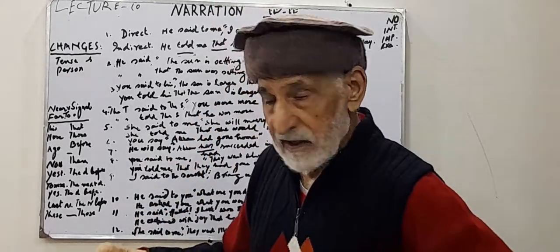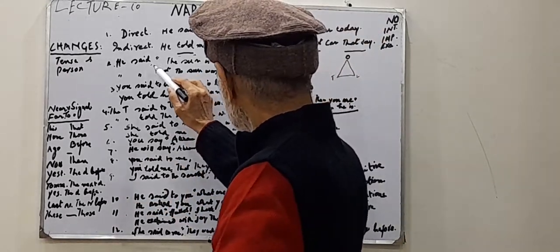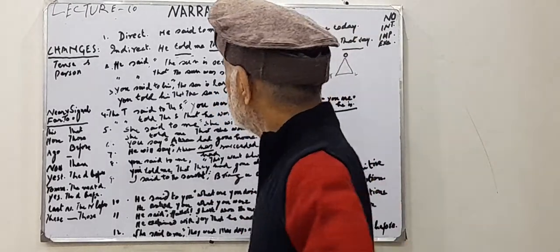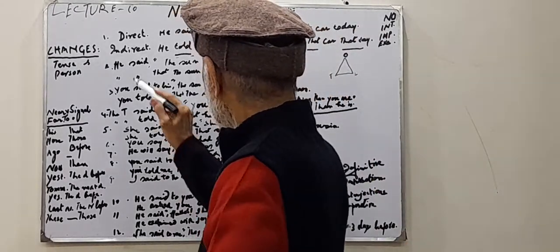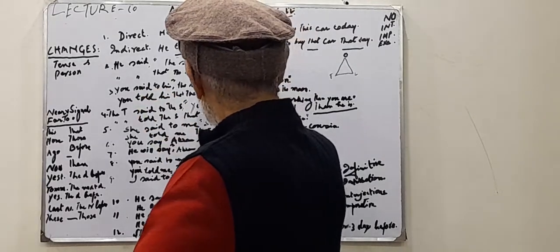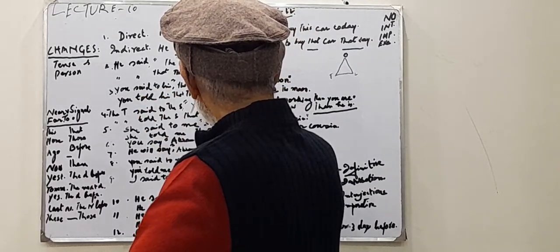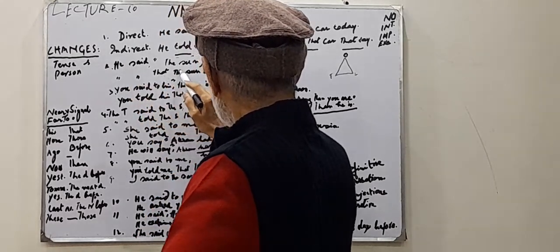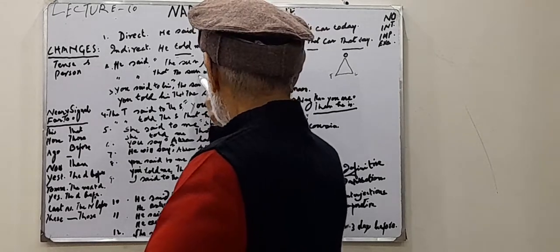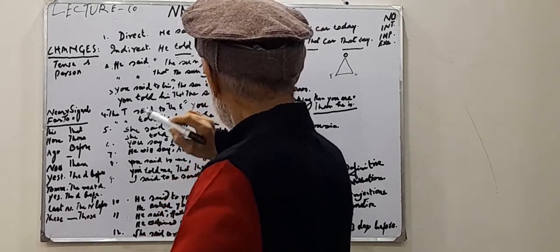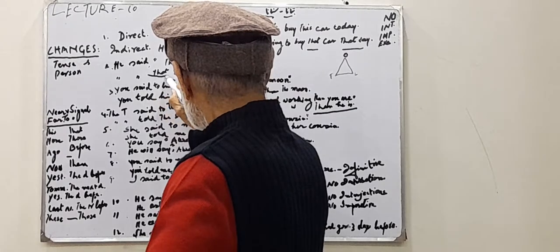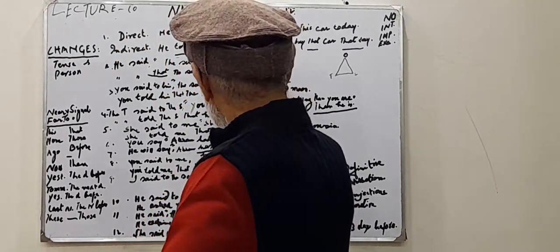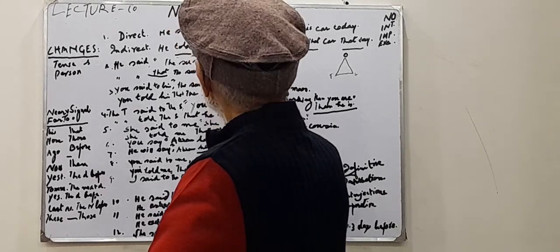It will remain. The sun is setting: is will go to was. That comes in place of inverted comma, and is setting becomes was setting.